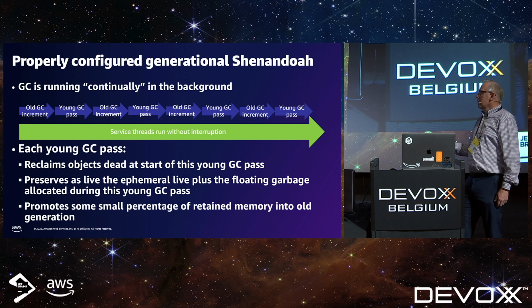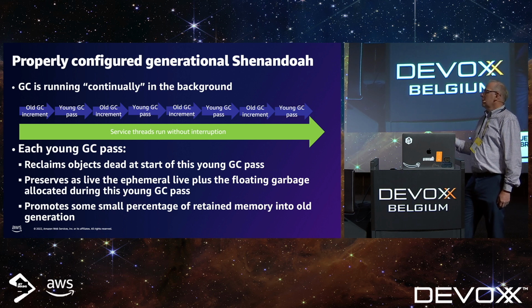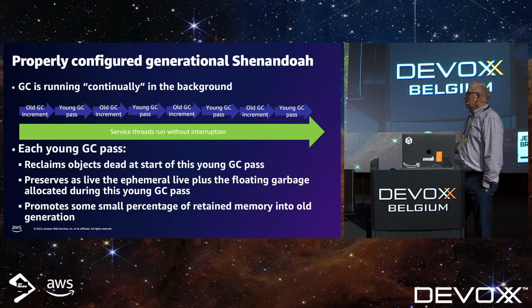When that one starts, they're dead, so it can reclaim them. But in the meanwhile, we call that the floating garbage, because it's garbage, but it can't be reclaimed until then. Some small percentage of the objects that are live at the end of young collection will be promoted into old gen. And that's the way generational garbage collection works.